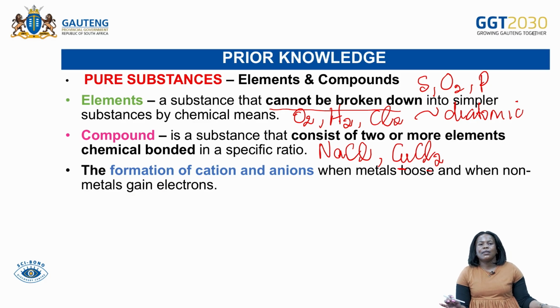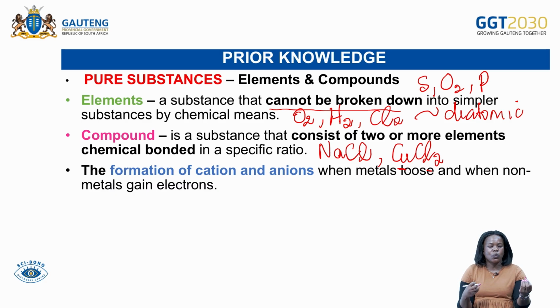We also spoke about the formation of cations and anions, okay? We had to understand how we form the cations and how we form the anions. It has to do with the loss, or rather the gain, of electrons. This is a process that happens simultaneously.